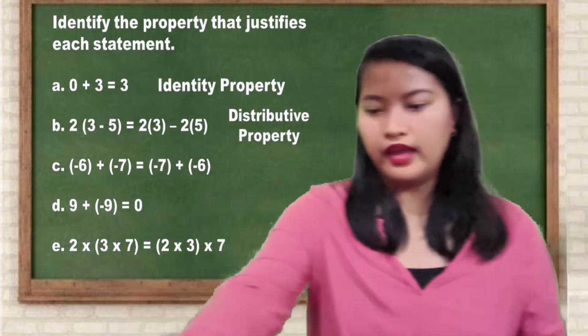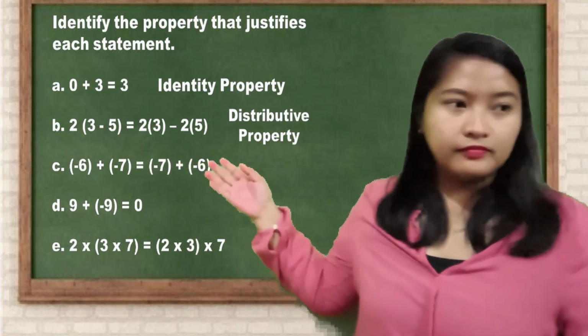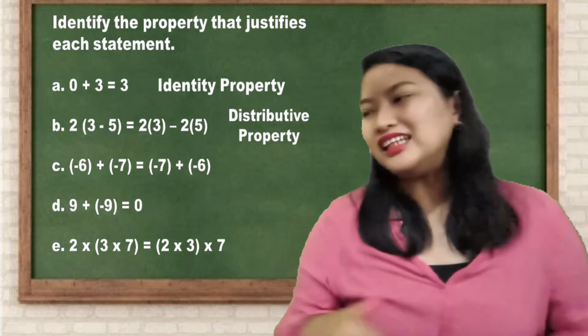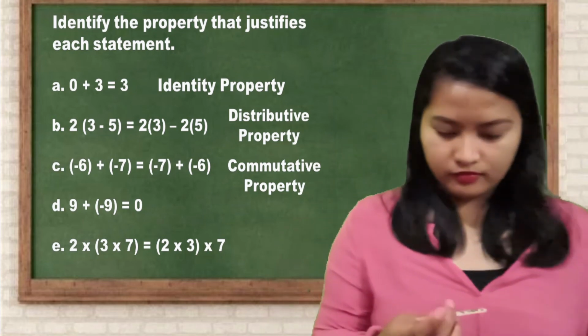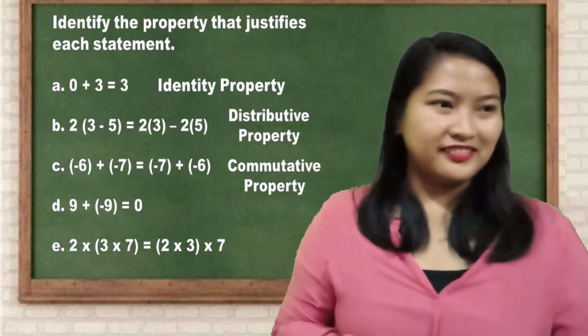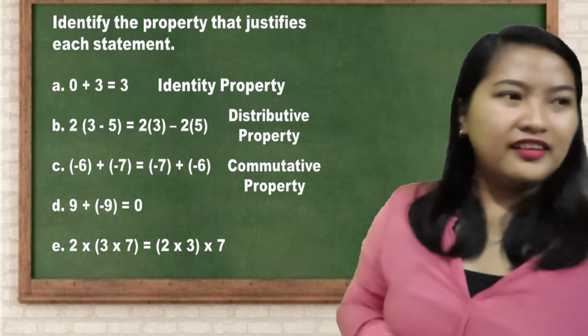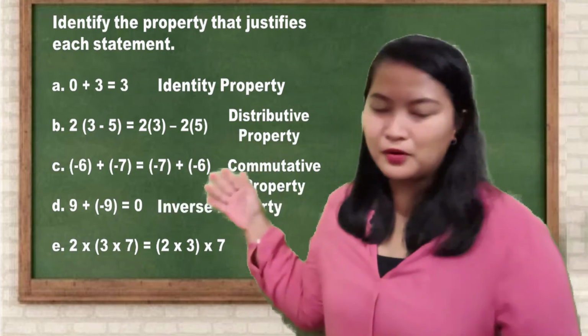The third, Ella. Okay. That's right, it is commutative property. Fourth, okay, we have Carla. Carla. Correct, it is inverse property.